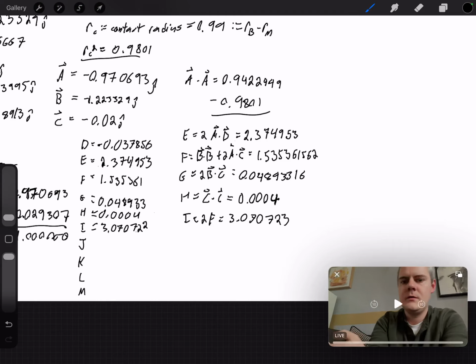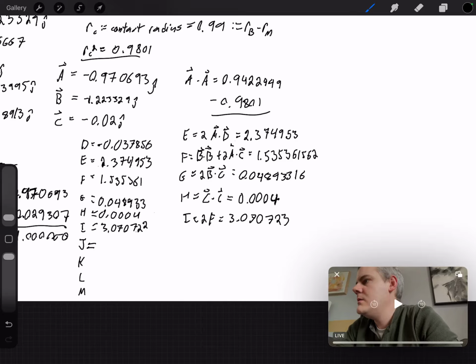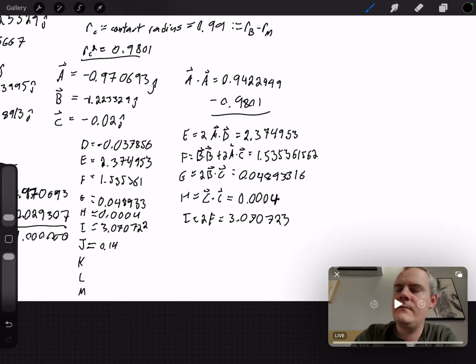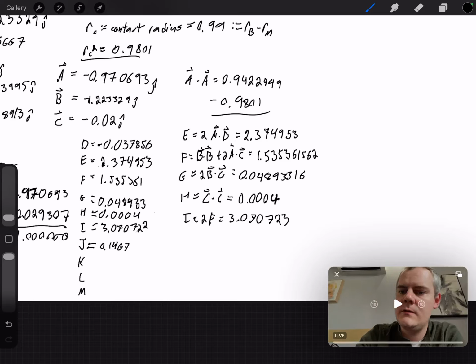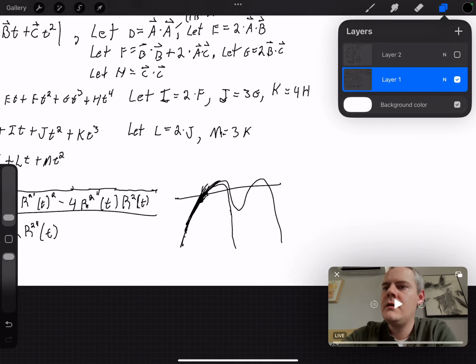Okay. J. What do we see here? 0.146799. And how is that represented? 3G.